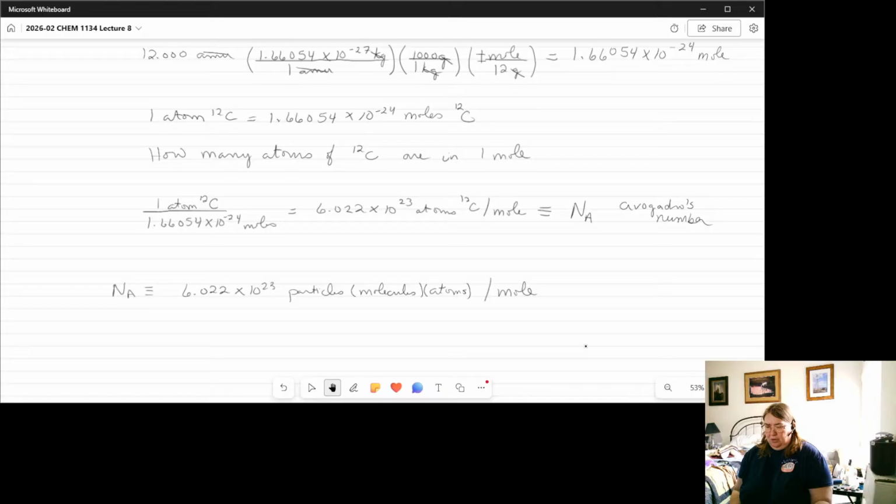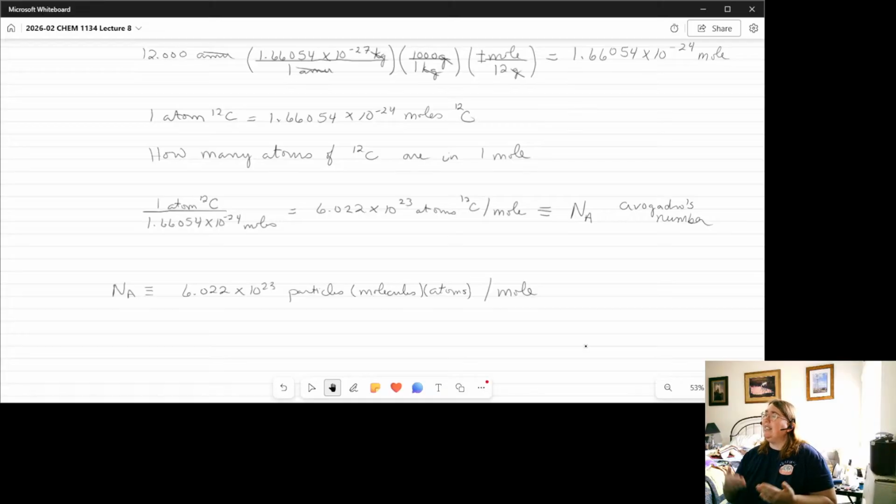And students struggle with the mole. And they struggle with it because you look at that and you go, well, what is it? It's a made up number. It's a scaling number. We don't want to typeset 10 to the minus 27 all of the time, and we know we can't measure that, and we know we're not measuring a single atom, we're measuring a whole bunch of atoms, because we're measuring 1 gram, we're not measuring 10 to the minus 22 grams.